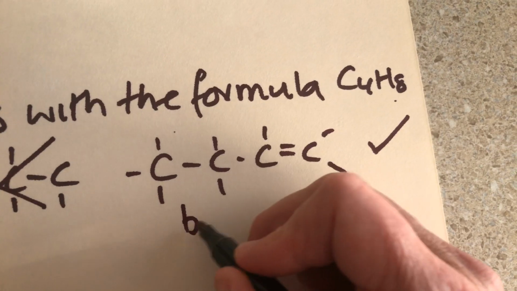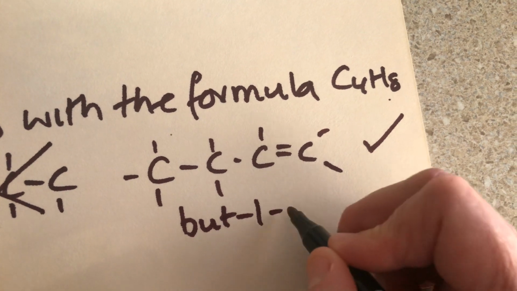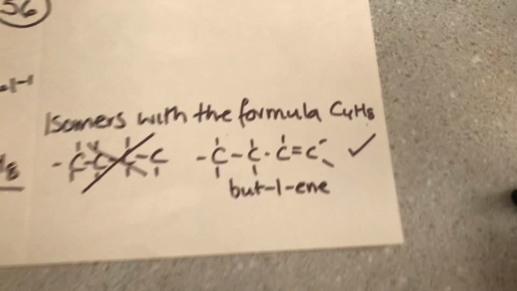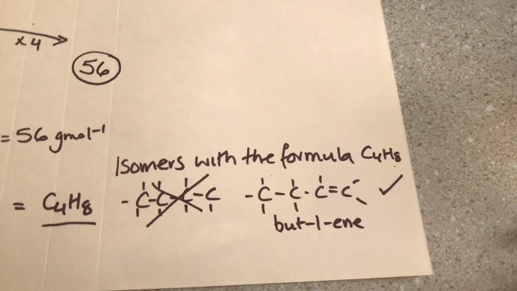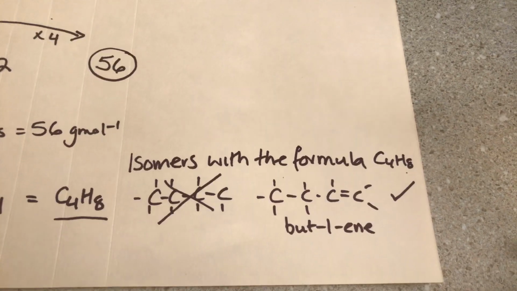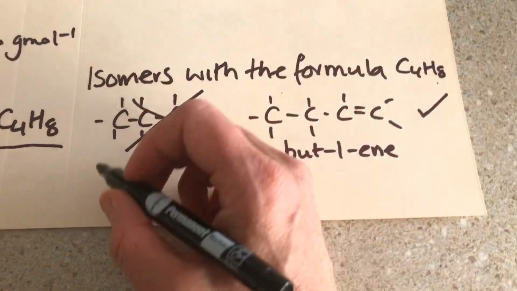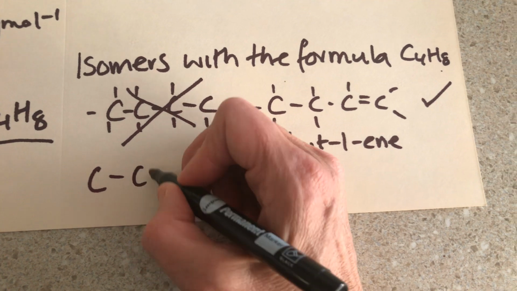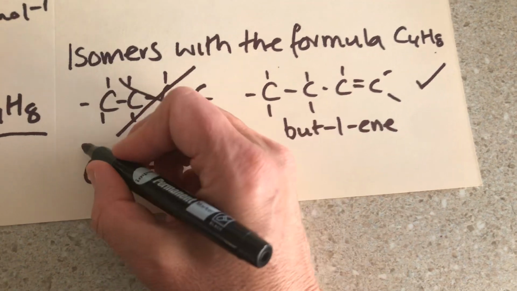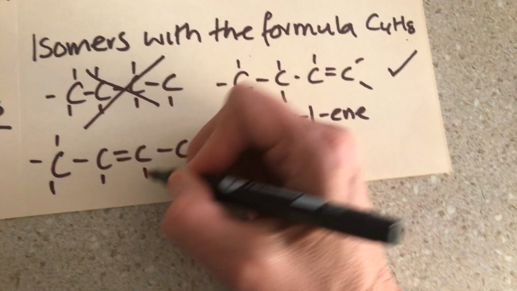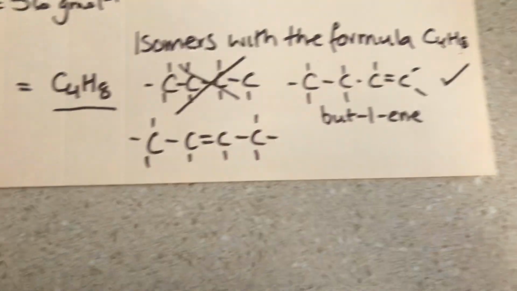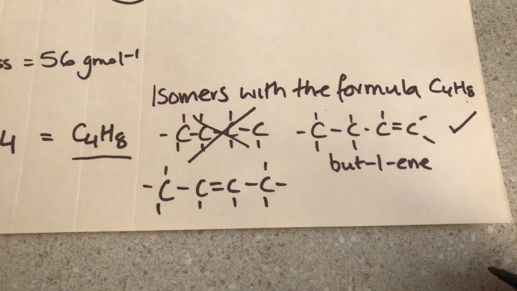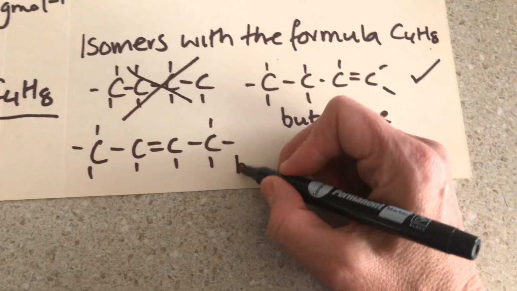So this here I've quickly drawn is the most obvious and simple answer, which is butene. But if you're very good at organic chemistry, or even a little bit good, you would figure out that it could also be but-2-ene. If you're still remembering your level 2 chemistry, you would also remember that this could be cis and trans, but we don't need to know that.